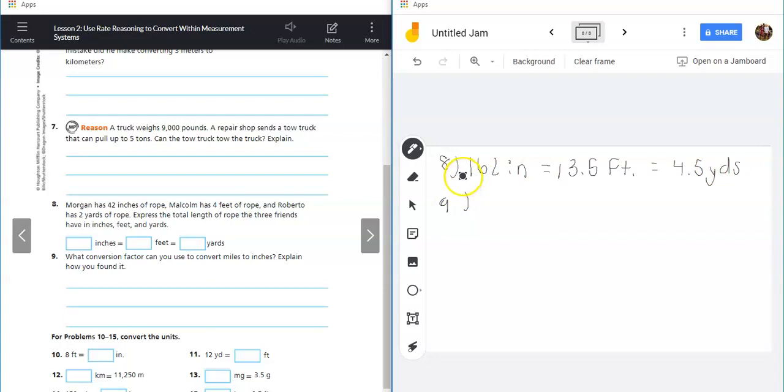Number 9. What conversion factor can you use to convert miles to inches? So 1 mile equals 5,280 feet. And 1 foot equals 12 inches.